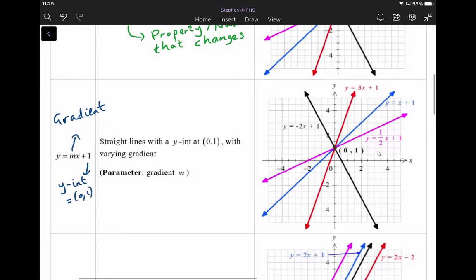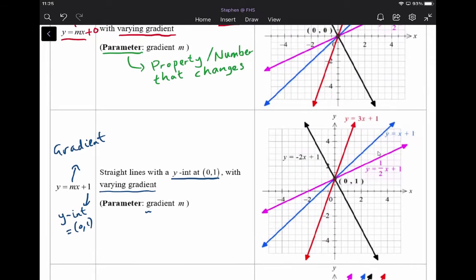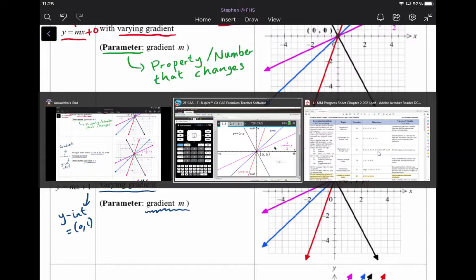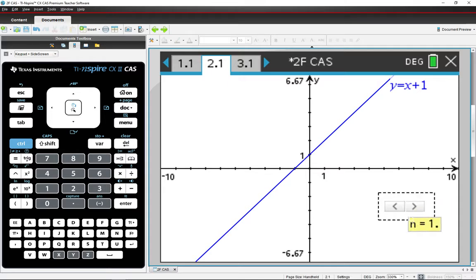Again, the description of this family is that the y-intercept is always at 0, 1, and of course the gradient varies. So yet again, we've got a parameter where the gradient is the one that is changing. Let's look at that one on the CAS. Here we go. The first line is y equals x plus 1, gradient is 1, y-intercept is also 1.